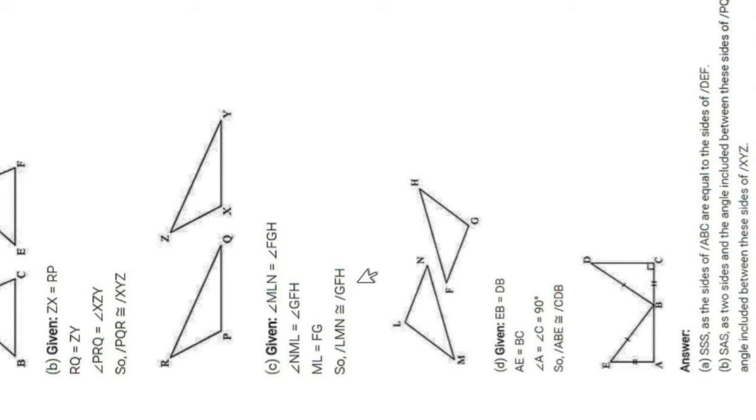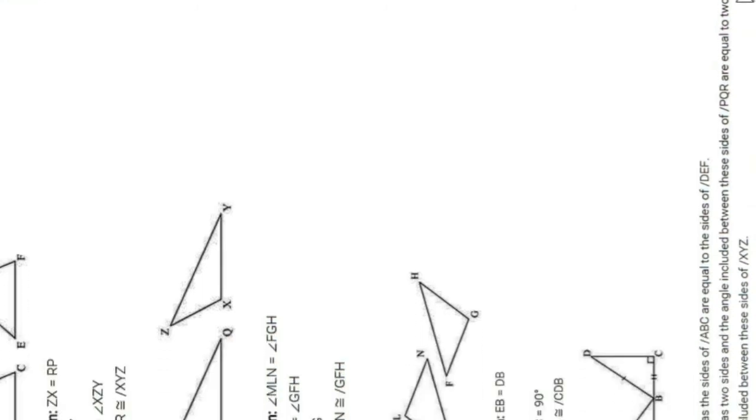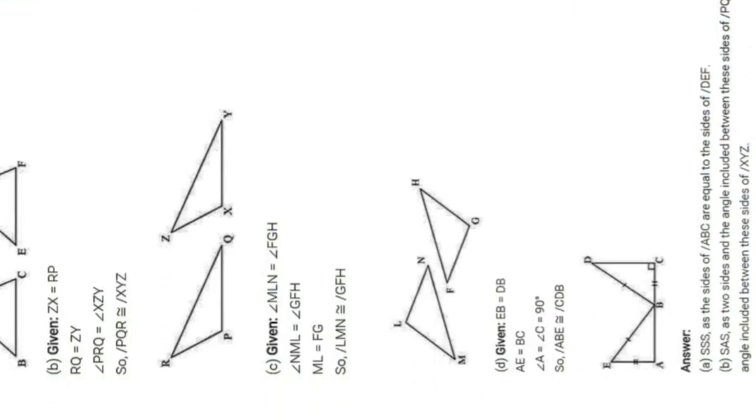So what can we see? Two angles and one side, so it is the ASA criterion. As the two angles and the side included between these angles of triangle LMN are equal to the two angles and the side included between these angles of triangle GFH, it is the ASA criterion.